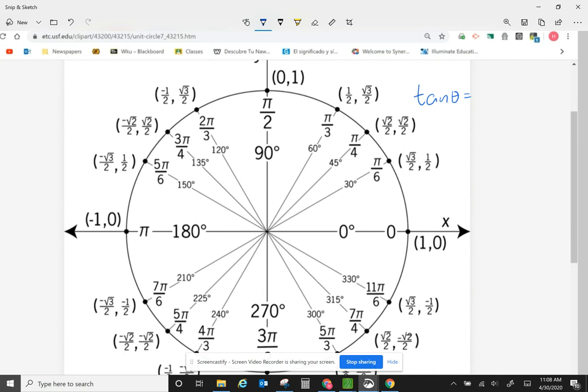Now you have to remember tangent is a fraction. We're dividing both of them, cosine and sine.